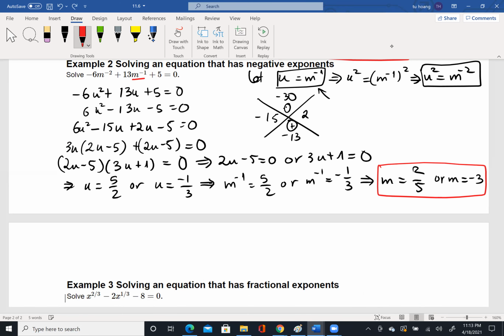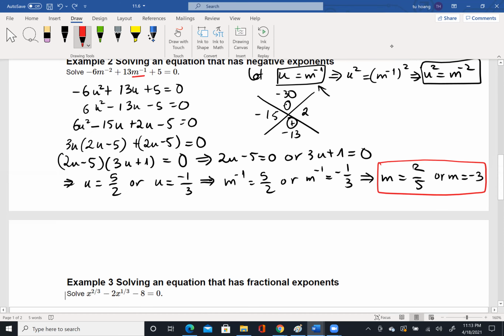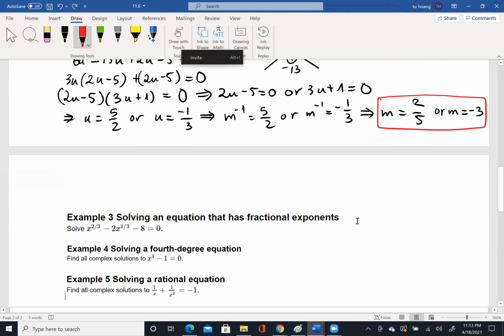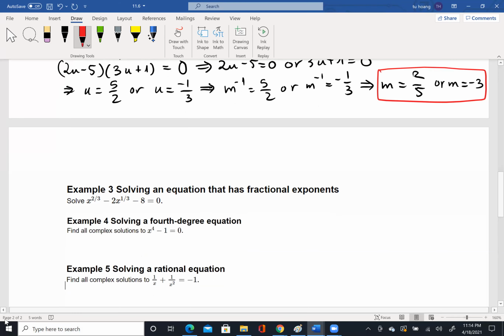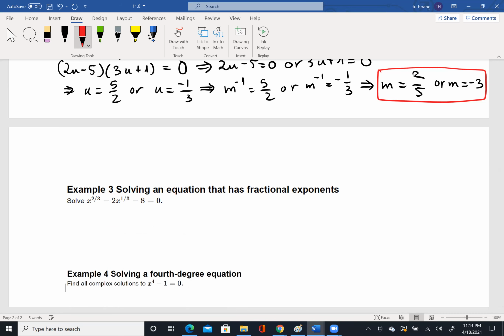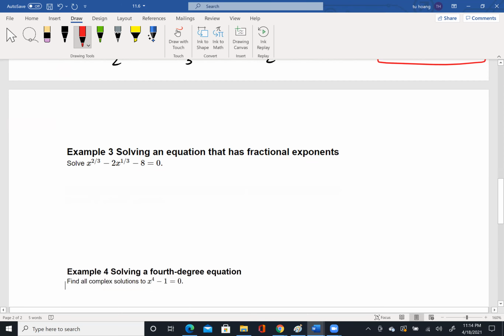Okay, so I come to number 3. Number 3, we're going to solve an equation that has a fractional exponent. Again, I always suggest that you try to substitute the term with the lower exponent.